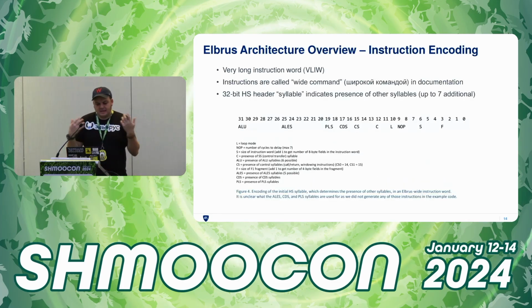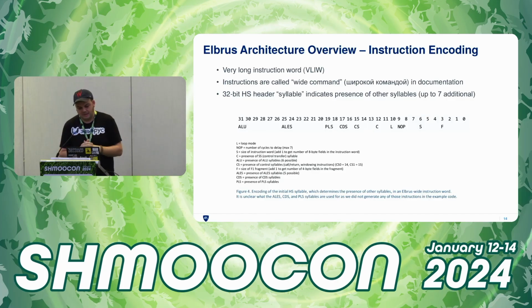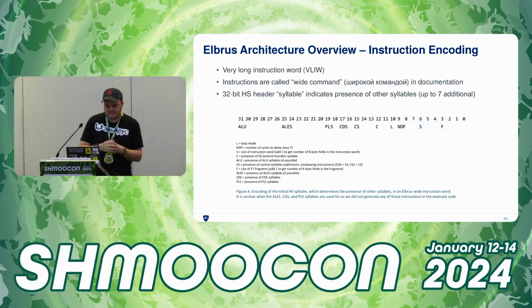Okay, here's the instruction encoding for Elbrus. It's actually not that complicated. This is the instruction header that you use to decode all of the other instructions that might be present.